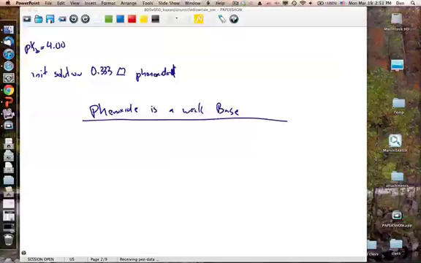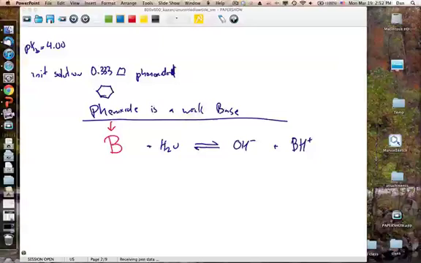Even if we don't know anything else about phenoxide, when we put that base in solution, it will react with water to release hydroxide ion and pick up a proton. In reality, phenoxide is an aromatic compound that has a negative charge on it, and usually we'd use sodium phenoxide or something along those lines.